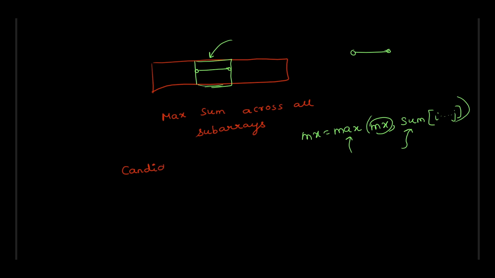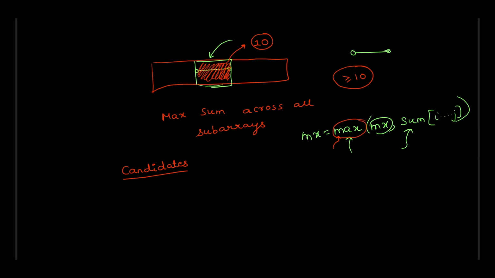I don't know whether the subarray that I have just created can be the maximum sum subarray or not. But one thing I know for sure is that if the sum of this subarray is equal to 10, then the maximum sum subarray has to be greater than or equal to 10. That part you know. So that's why you keep on taking the maximum values seen so far.